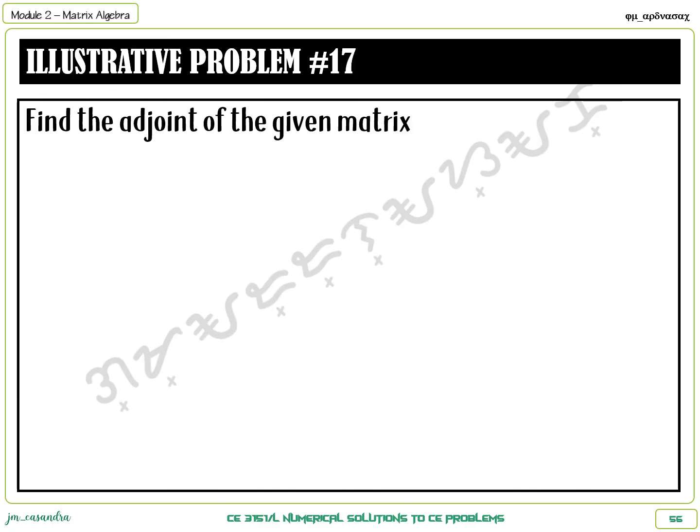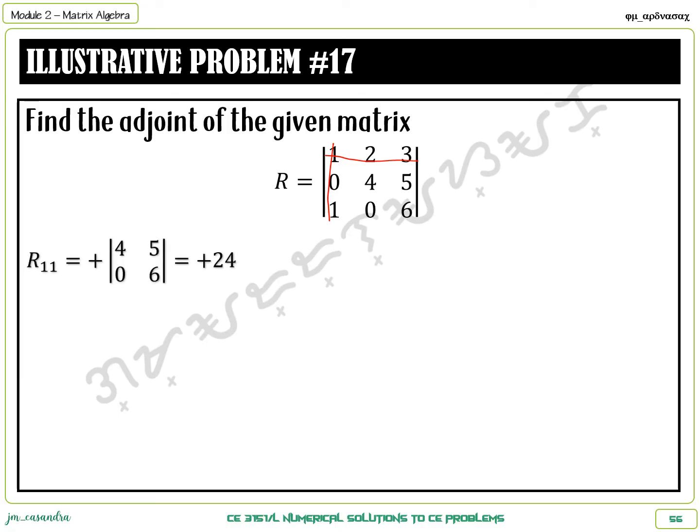Okay, so let's find the adjoint of the given matrix for problem number 17. We're given matrix R, which is a 3 by 3 matrix. What we will do first is to determine our cofactor. So we have 1, 1. We'll arrive at 24. Okay.